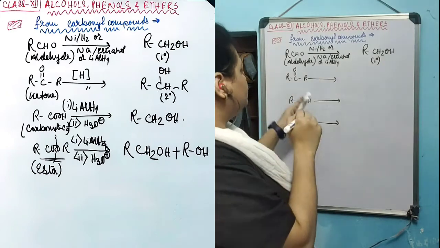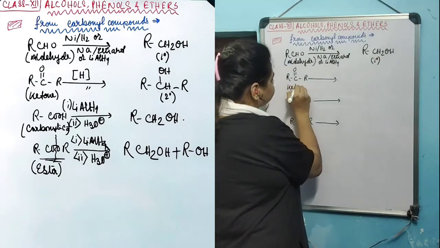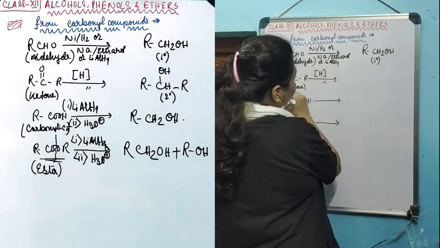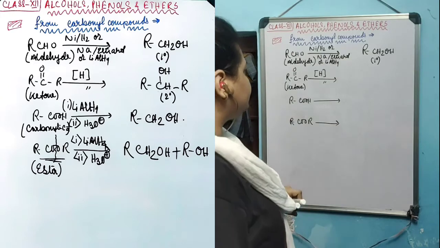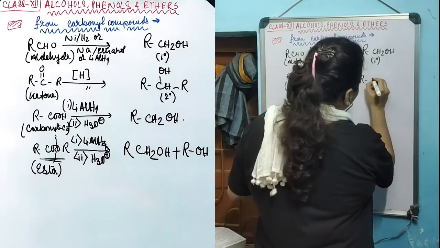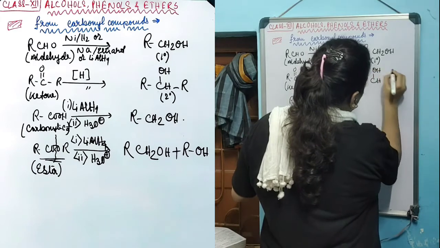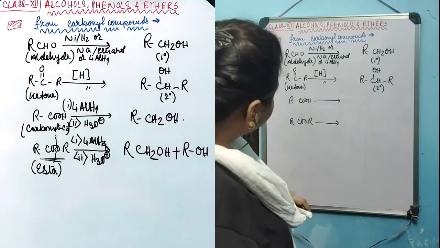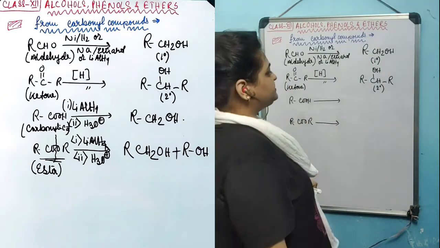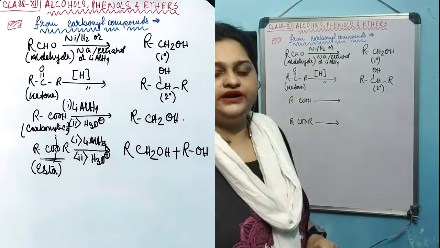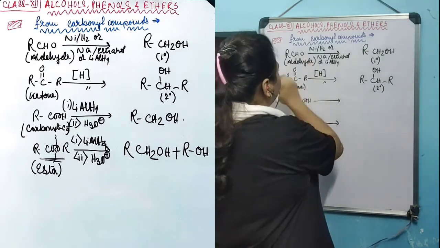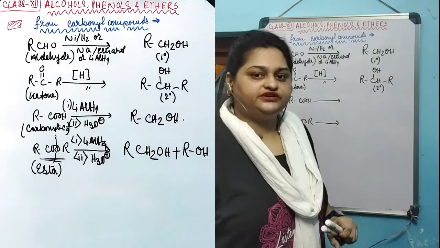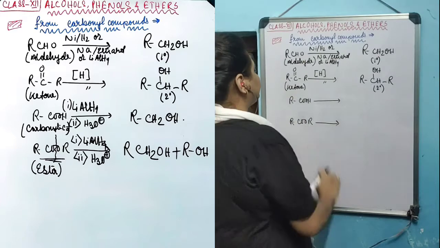When a ketone compound is subjected to reduction with the same reducing agents, the corresponding alcohol formed is a 2 degree alcohol. Hence, ketone produces a 2 degree alcohol when it undergoes reduction, and aldehyde produces a 1 degree alcohol.